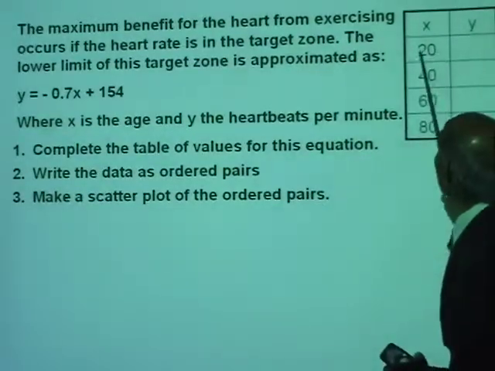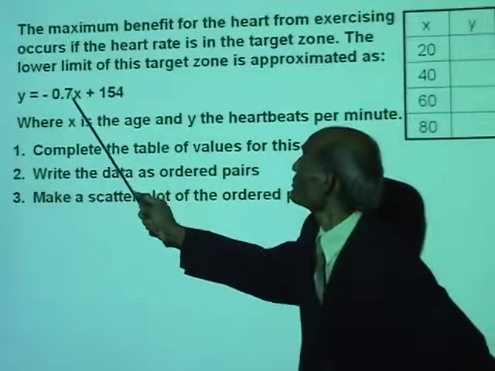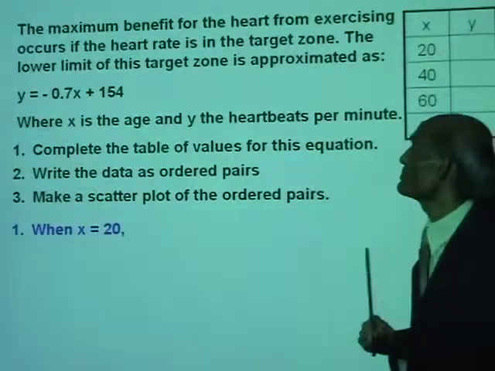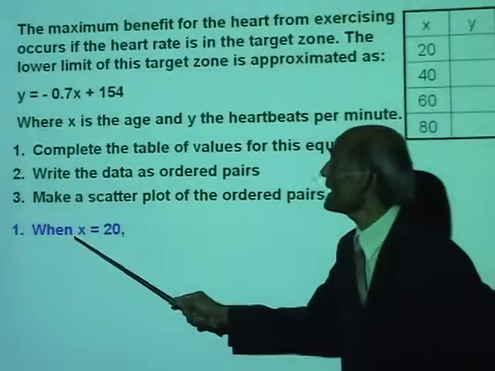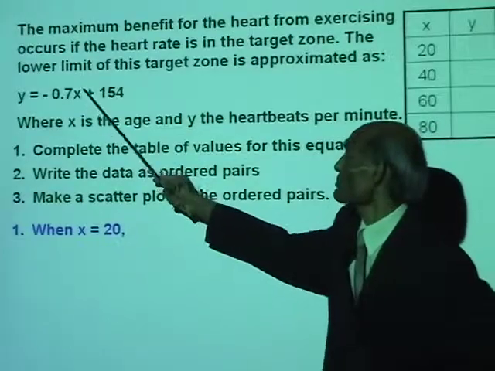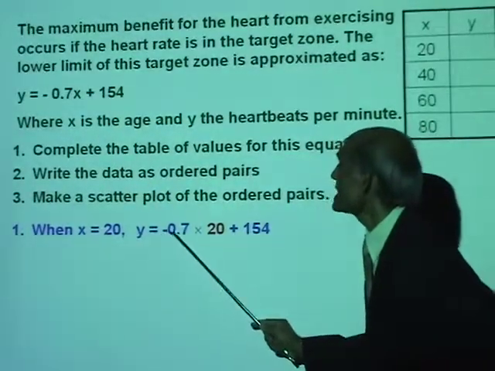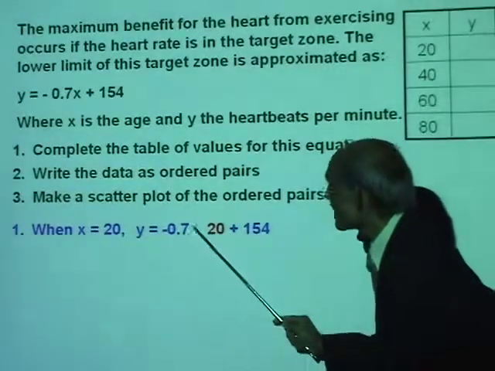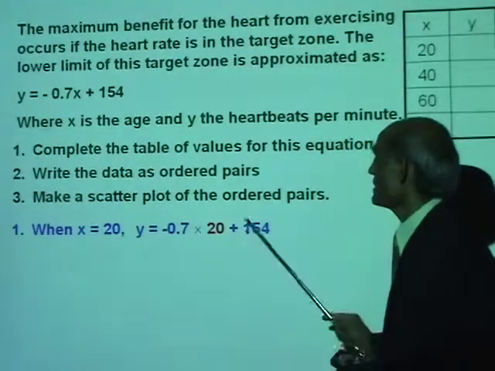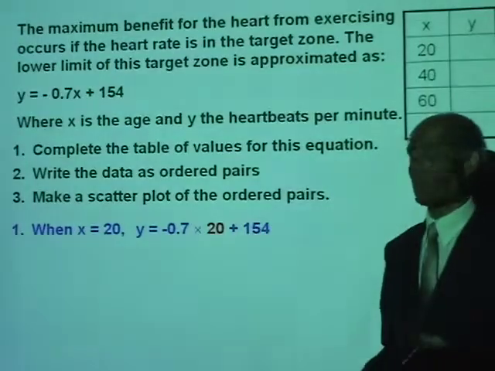Alright, let's do that. Put x equal to 20 in this relation, find the value of y. When x equal to 20, let's replace x by 20 there. I get y equal to negative 0.7x, in place of x, I have 20, plus 154.